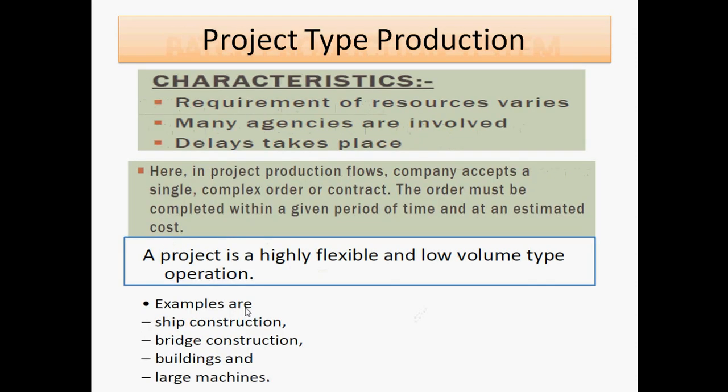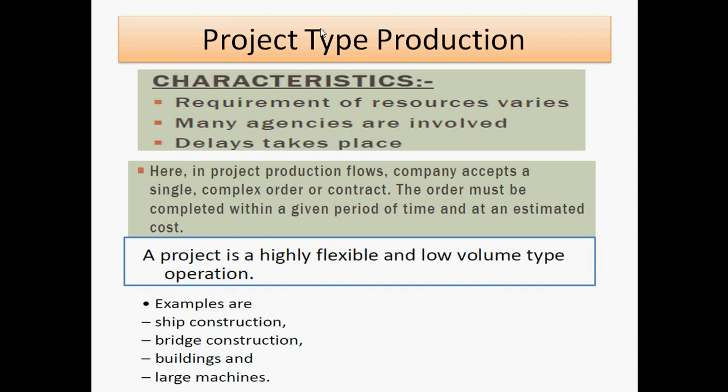Now the important term is project type production. Here resource requirements vary and delays take place, because there is no idea regarding the product, so it requires more time. Many agencies are involved in the R&D, that is why it is called project type production. Here there is no repetitive task, and it is not time bound.